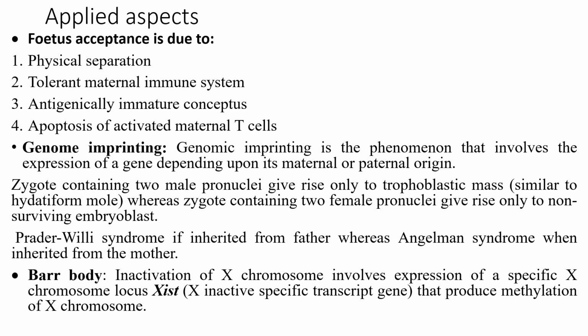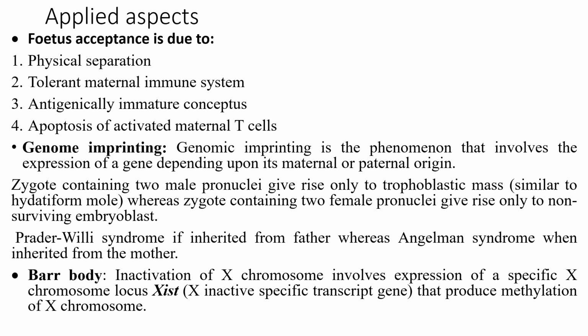And in the trophoblast of the female blastocyst, the paternal X chromosome is inactive. In the embryoblast, the inactive X chromosome can be either maternal or paternal, but in the trophoblast of the female blastocyst, the paternal X chromosome is always inactivated.